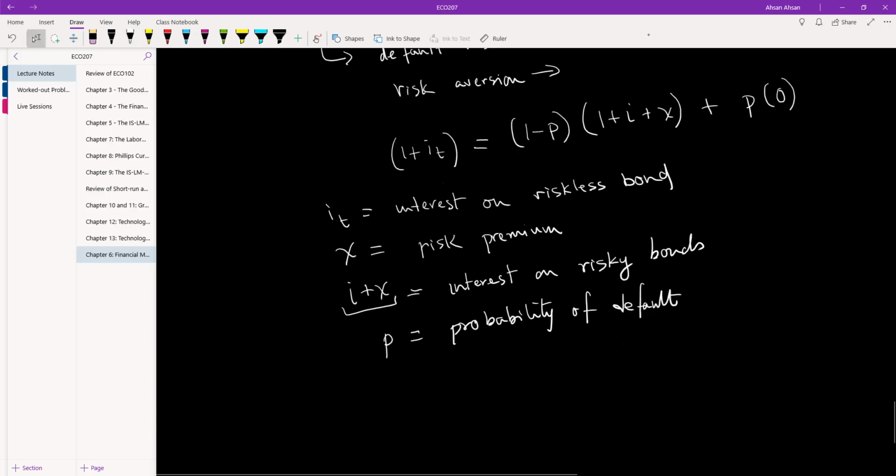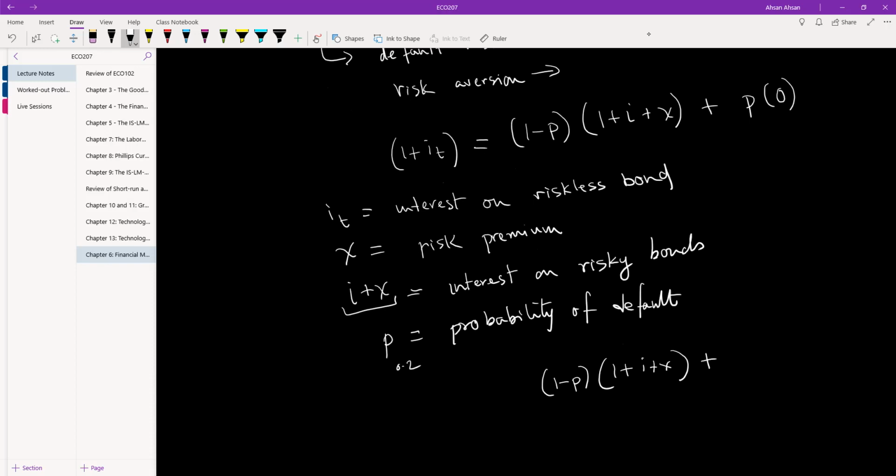So now let's look at this equation. 1 minus P is the probability that you will get paid. So for example, if P is 0.2, 1 minus P is 0.8. So there is an 80% probability that you will be paid 1 plus I plus X percent interest.